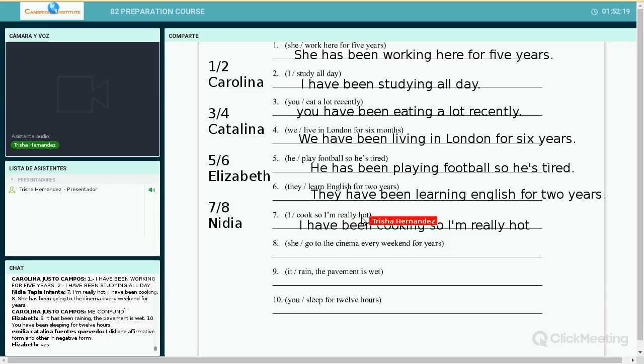Because we don't have really a separation here. We have cooked, so I'm really hot. I have been cooking, so I'm really hot. Last, right? That is number 9. She has been going to the cinema every weekend for years.